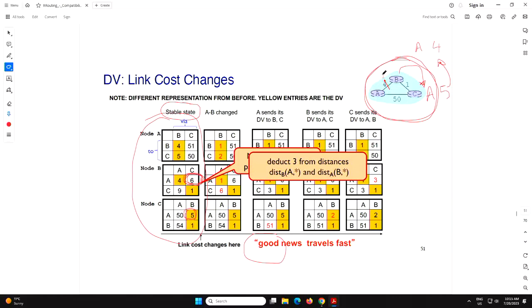Now 4 has dropped to 1. In this case you will see that this information doesn't cause any problem, and this 4 quickly becomes 1, and then it settles down very quickly. So it propagates very quickly. All the other nodes will get this information. There is no major problem.